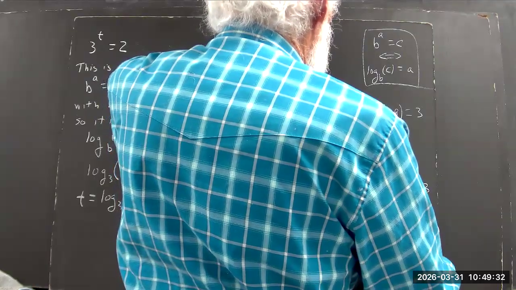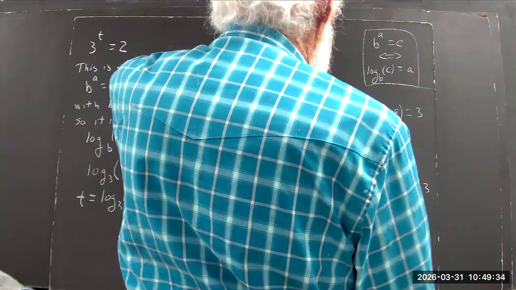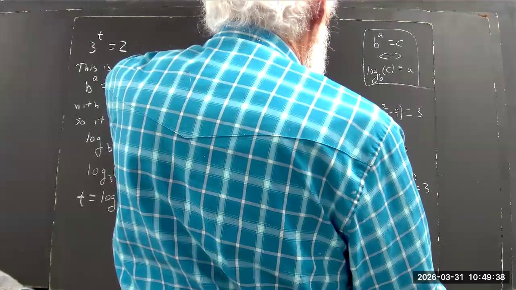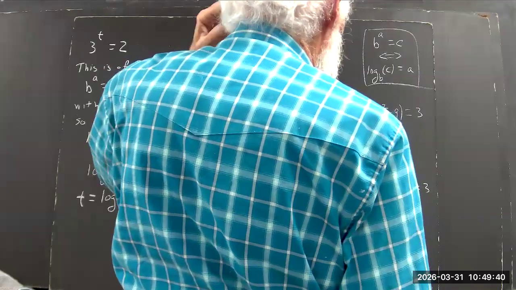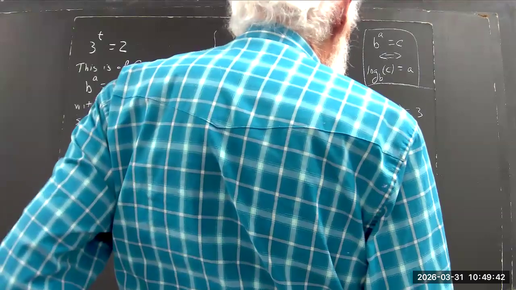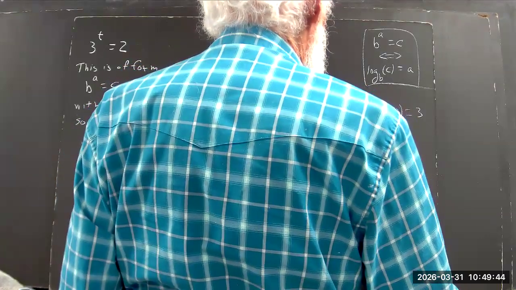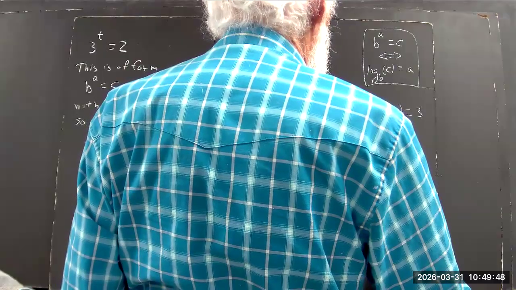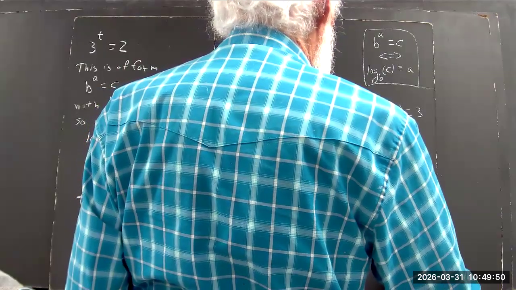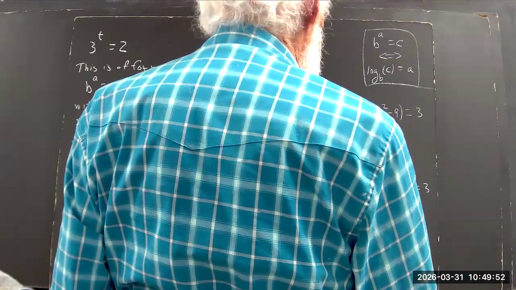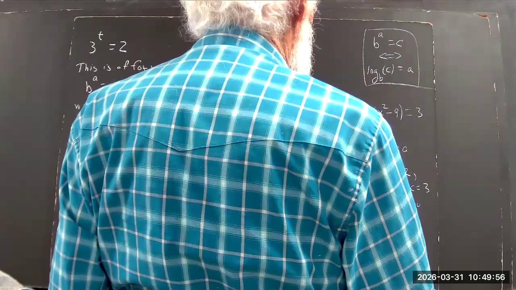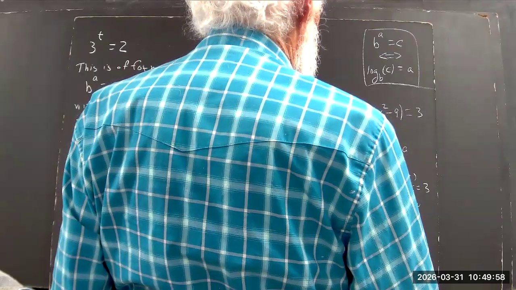So it's equivalent to b to the a equals c, i.e. b is 2. Did I do that right?